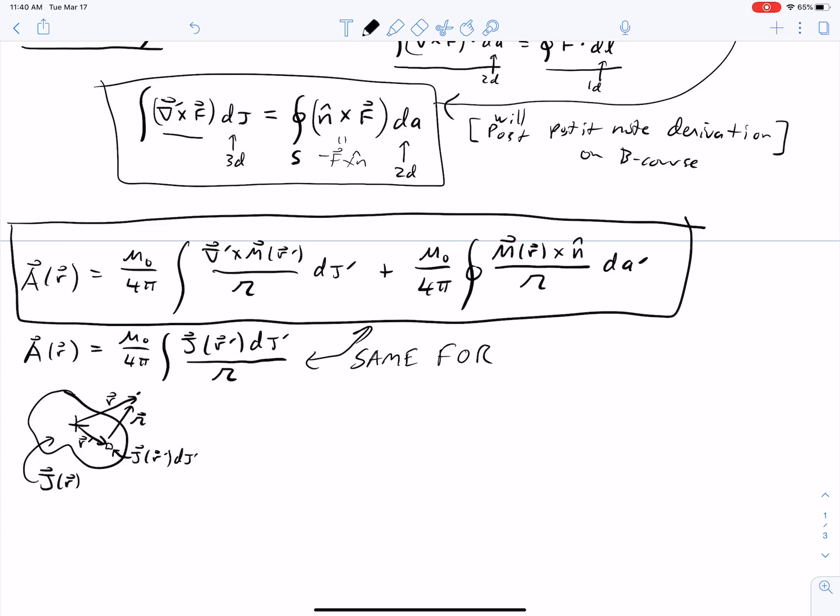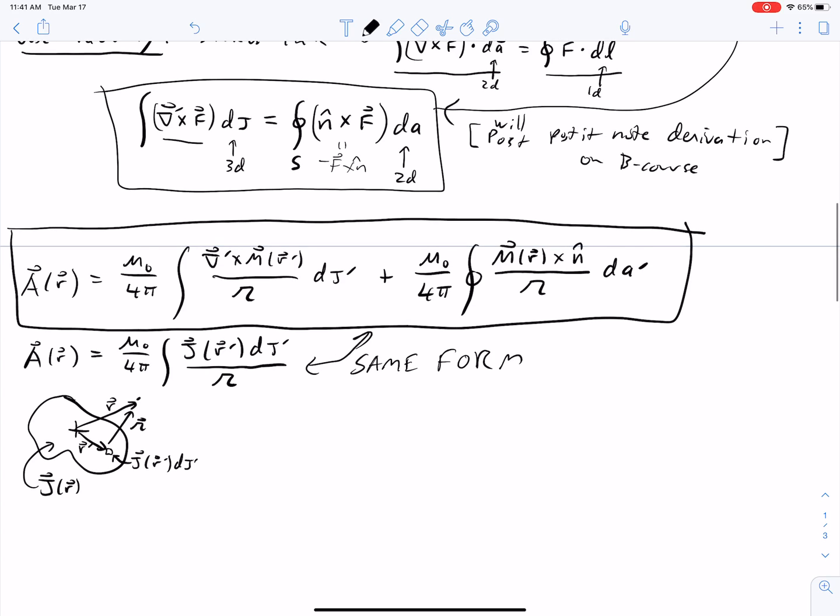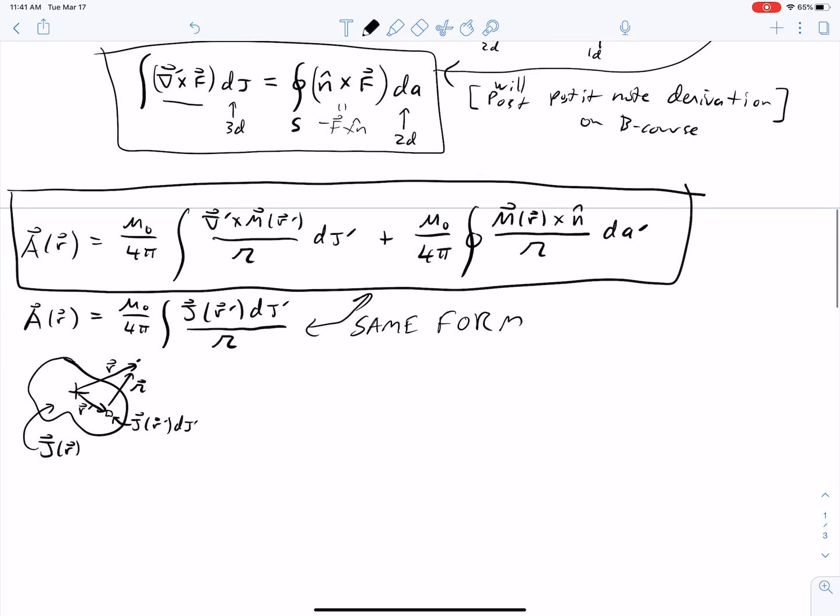That's very important to notice, because what that means is that those two integrals above, I can rewrite like this.